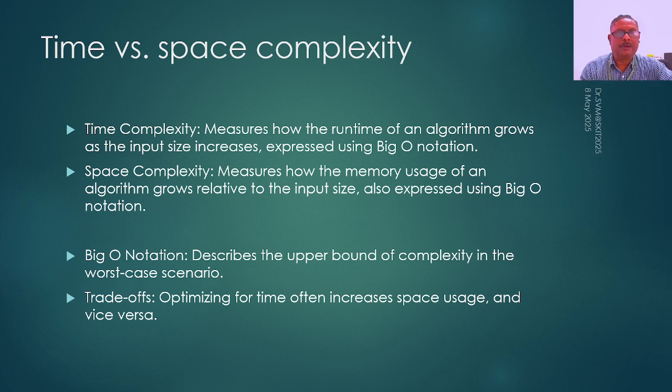So that's what we need to look at while understanding the data structures and how data structure plays an important role in controlling time as well as space complexities of any algorithm.